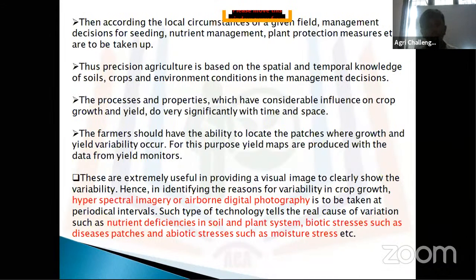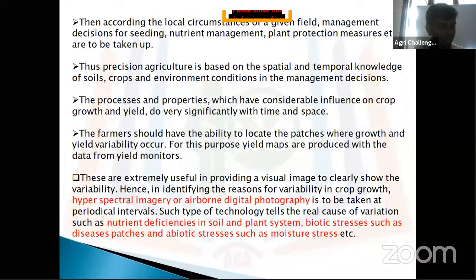But now it is the time for precision agriculture. Within the field there are so many variations, so we prepare 100 grids or more within the field based on requirement. That's the concept, according to the local circumstances, local to your field, not someone else's field in your Maidakuru.